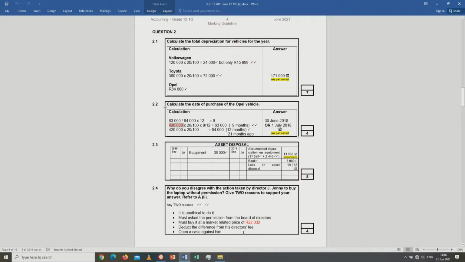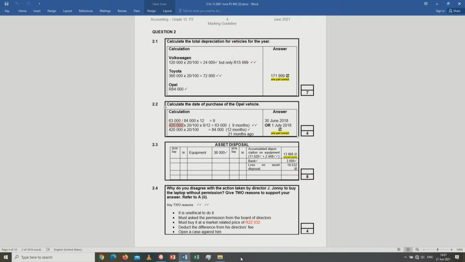Loss on the disposal of the asset, 19,032. Can you see that's a method mark? So whatever answer they have, if they have different calculations and they come to a different loss, then you may award the mark there. 2.4, why do you disagree with the action taken by the Director J. Johnny? It's unethical to do it. He must ask permission from the Board of Directors.